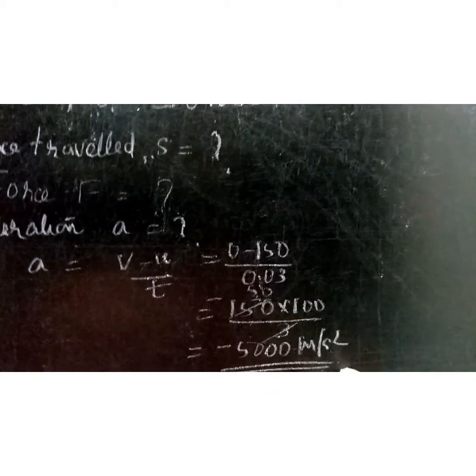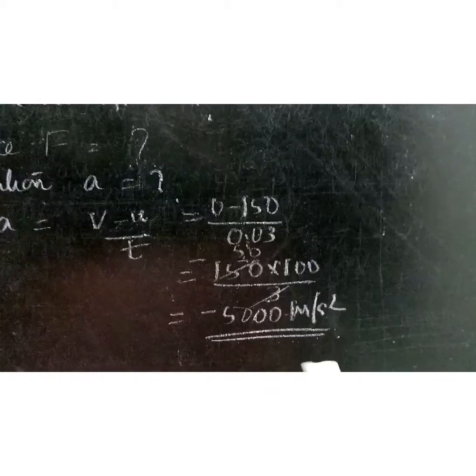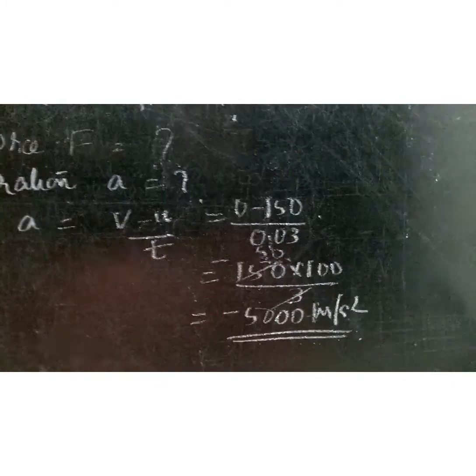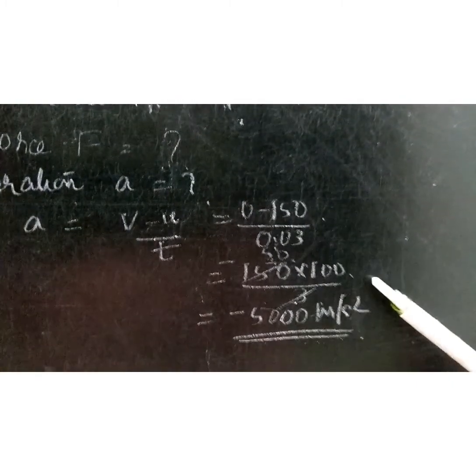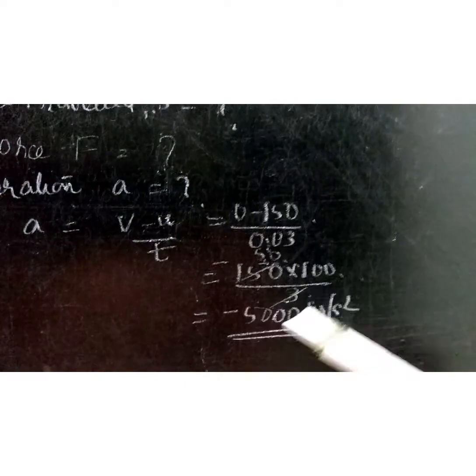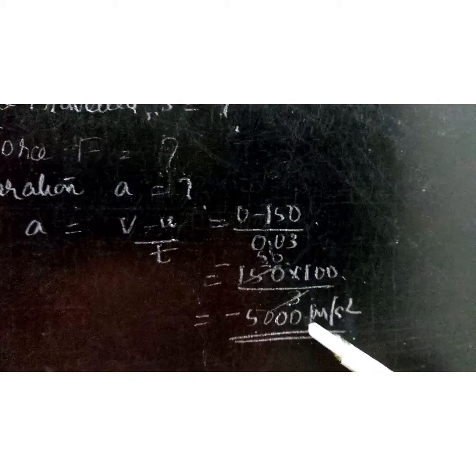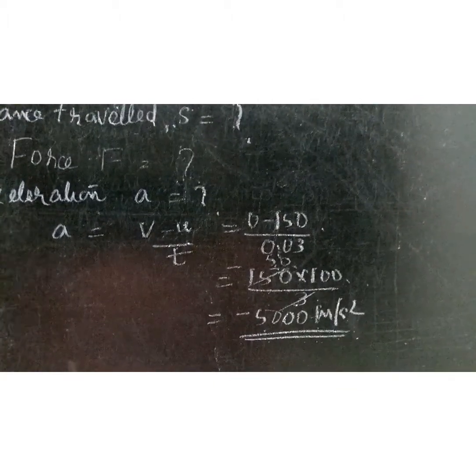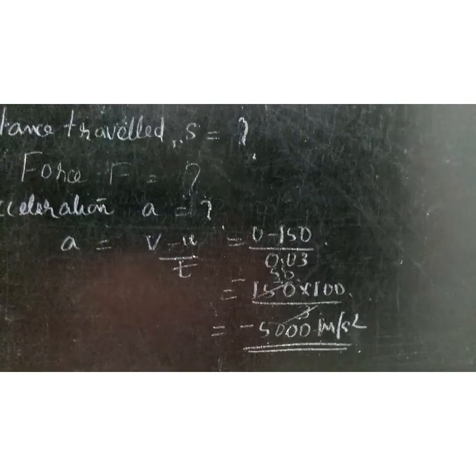That is the acceleration. Is it clear? 0 minus 150 divided by 0.03, so you will get negative 5000 meter per second square. That is the acceleration.